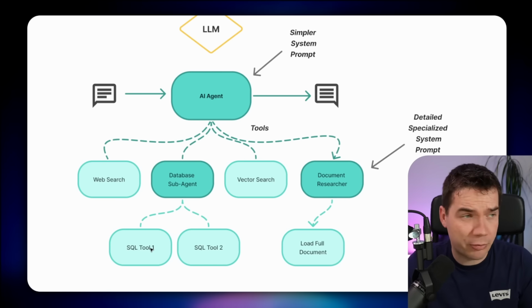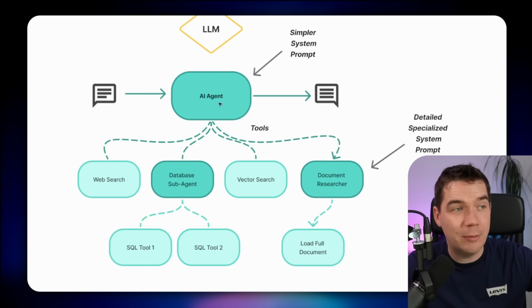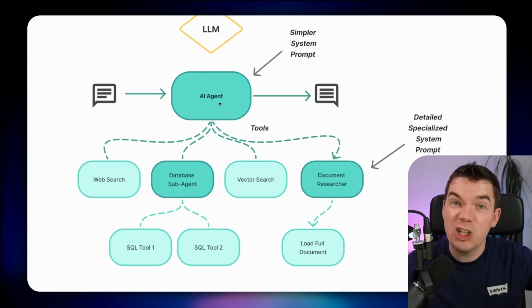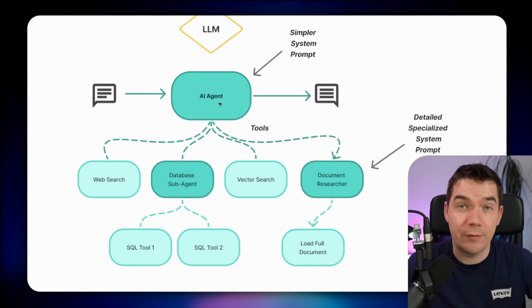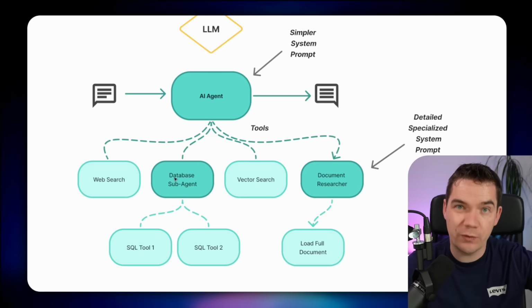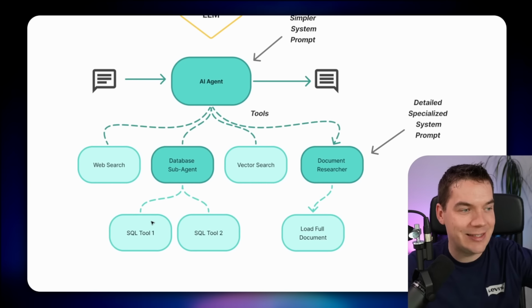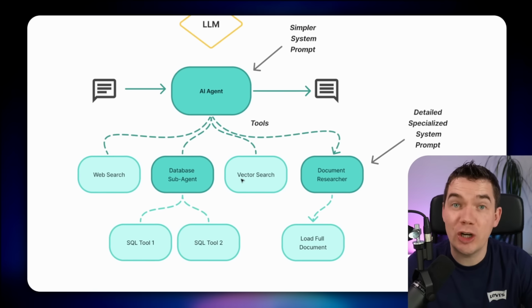And with few shot prompting, all of that buried in a system prompt at the AI agent level would totally overwhelm it, and it wouldn't know where to focus to actually follow the correct set of instructions. So instead, we can dedicate a sub-agent just for the database queries, and we can give it all of the examples that it needs to effectively trigger these SQL tools. So that's a good example of simplifying the system prompts.